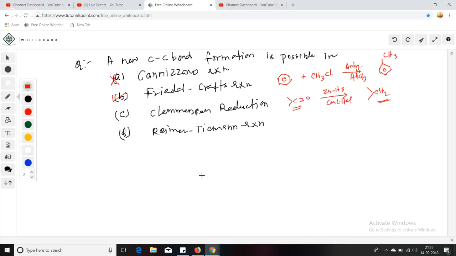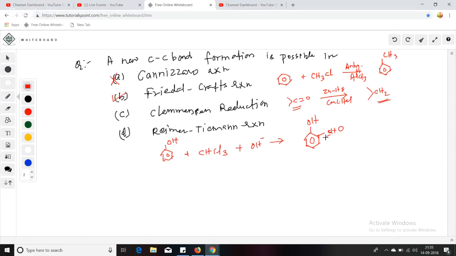Okay, Reimer-Tiemann reaction, it is a reaction of phenol. If you see here, we have phenol OH, and this reacts with chloroform CHCl3 plus any base, OH minus, KOH. Then the product is salicylaldehyde with CHO.